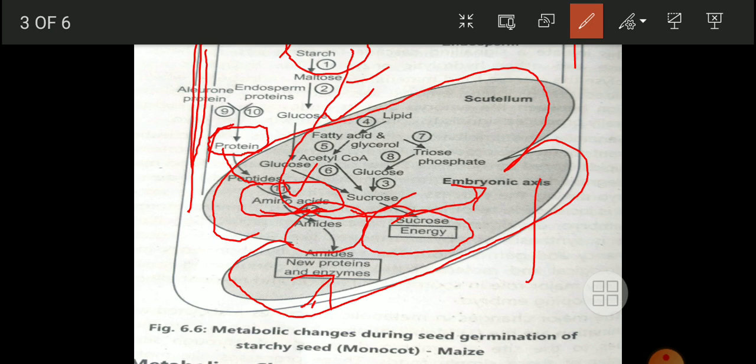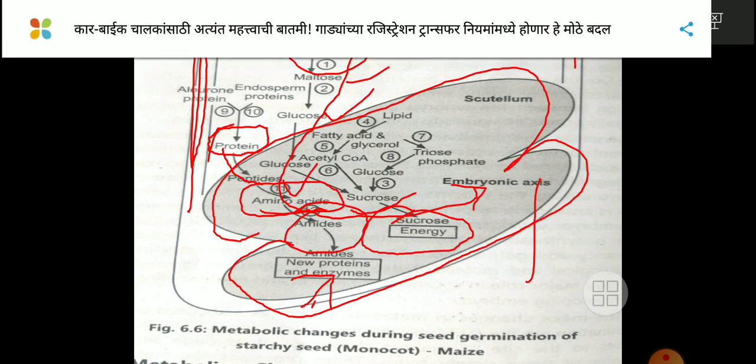We know that the backbone of protein is amino acid. Again, amino acids are resynthesized by converting protein into amino acids, and amino acids are incorporated into the specific enzymes and proteins required for embryonic development.